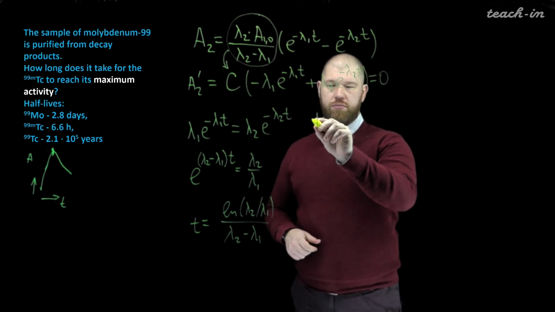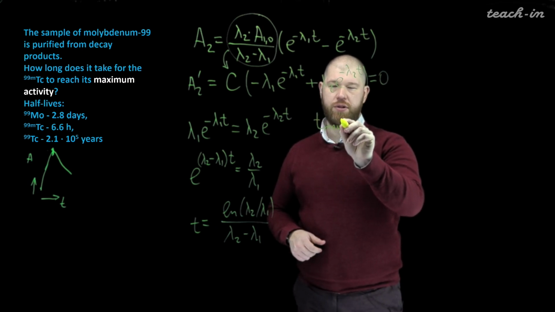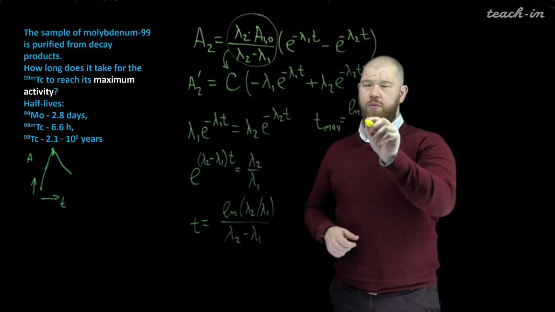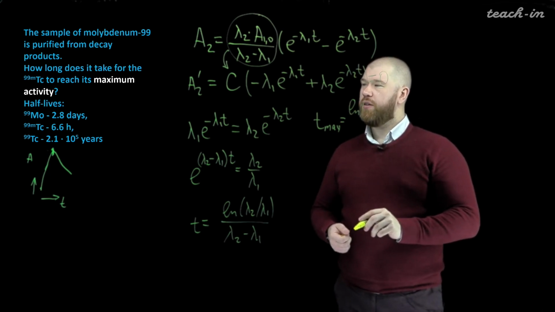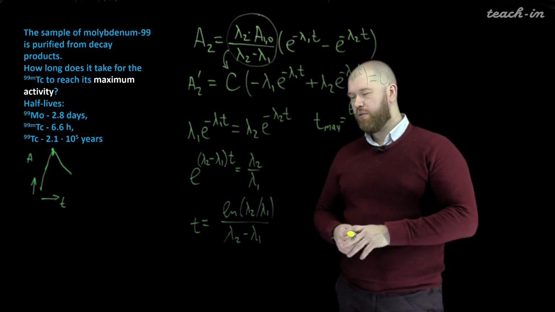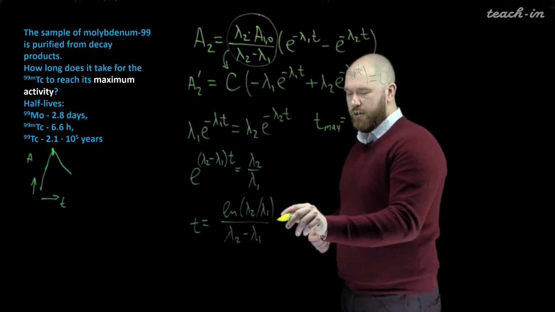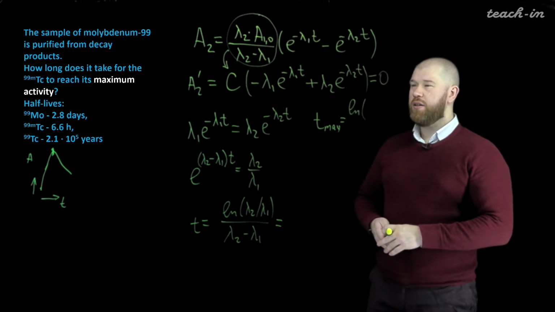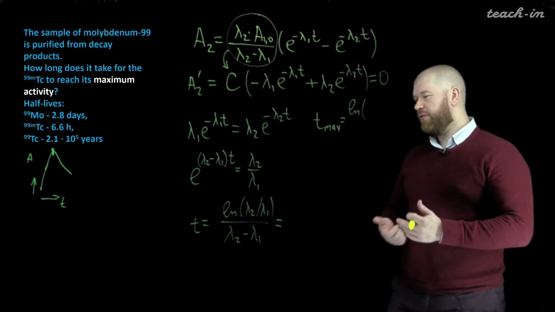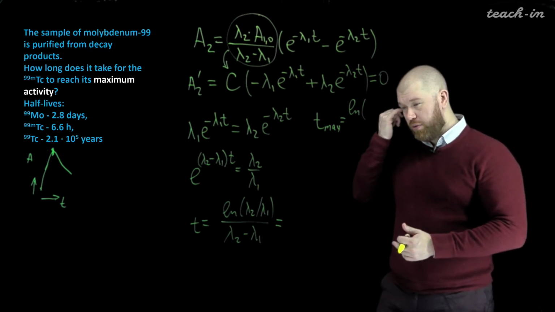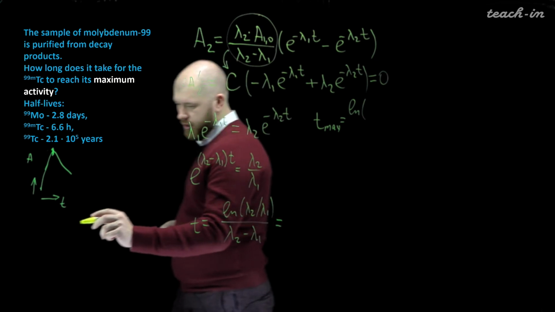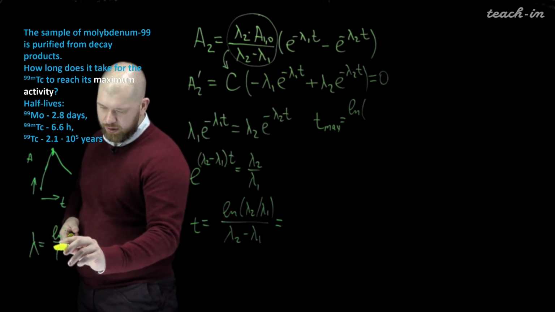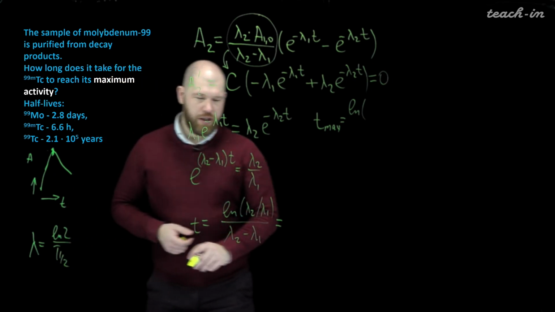So now let's put in our numbers. It will be the logarithm of the half-life of the daughter. Yeah, I forgot, here we have a decay constant, and it will be more convenient to convert them to half-lives. So again, lambda is equal to logarithm 2 divided by half-life.